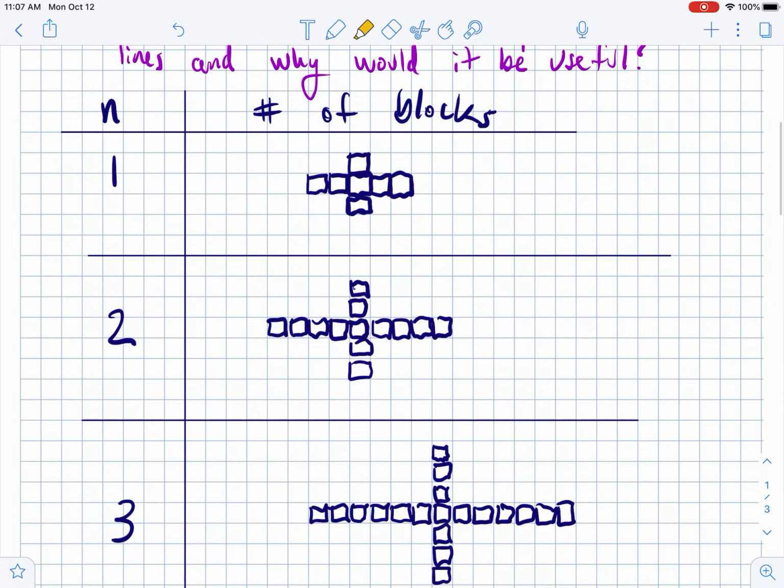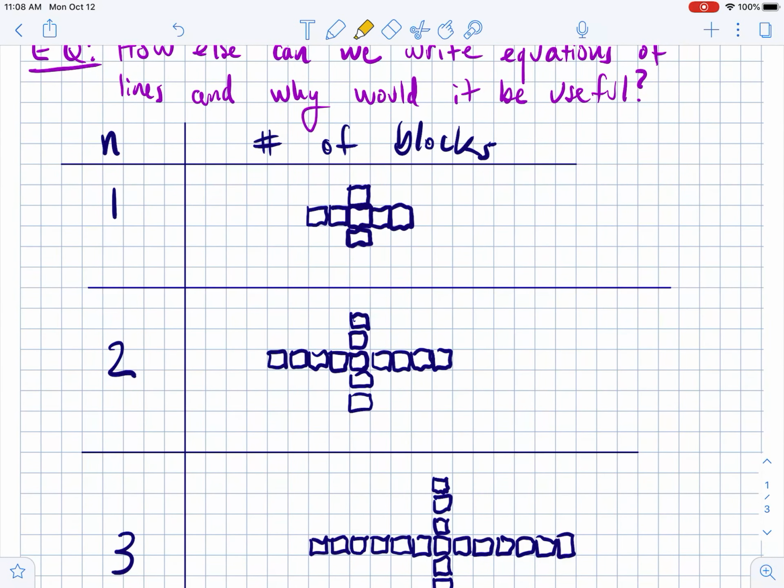First up, we're going to look at a block pattern. Please notice that this is figure 1. The jump from 1 to 2 is what I'm interested in. To get from here to here, it grew. How many blocks did it add? The original figure is this block, this block, this block, this block, this block.